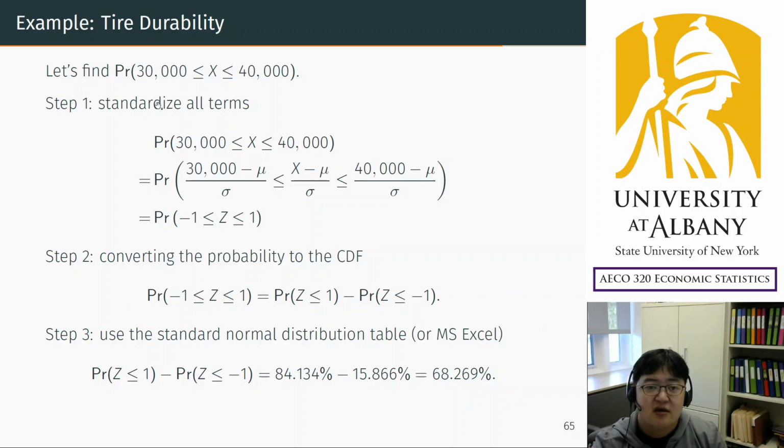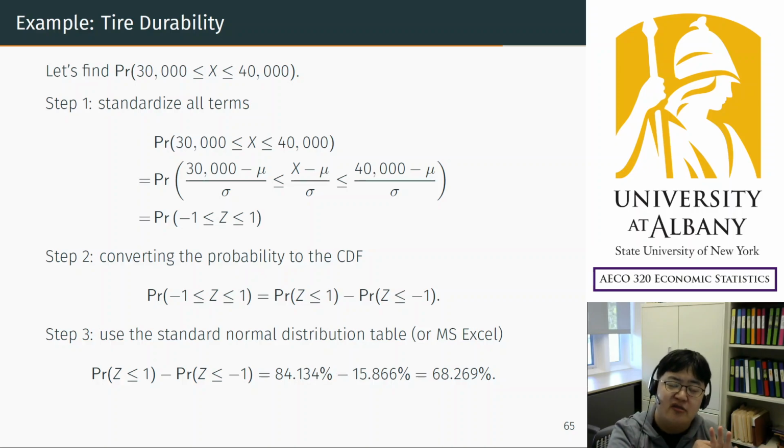So that is the probability that a tire endures between 30,000 and 40,000 miles, which is 68 point something percent, right? So this is the probability we wanted to calculate. So as you saw, from the CDF, we can calculate three types of probability.